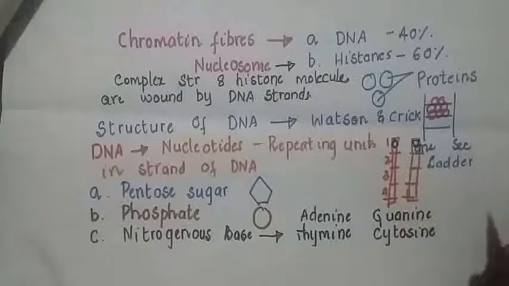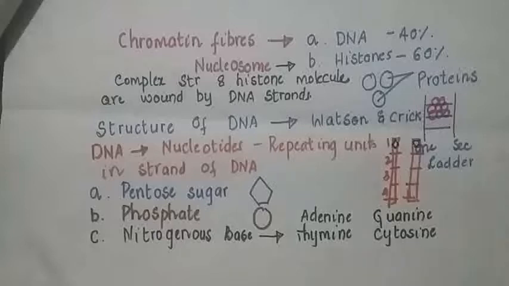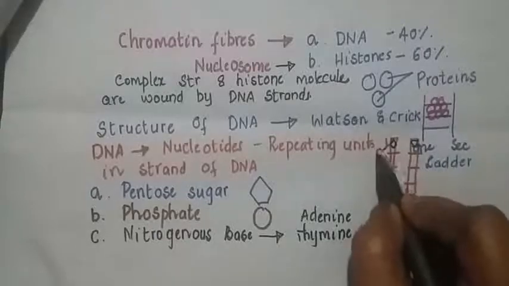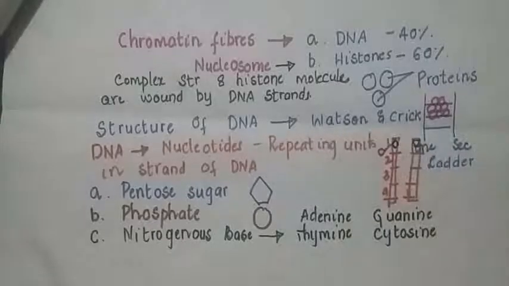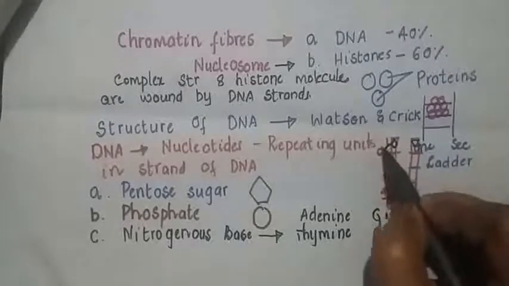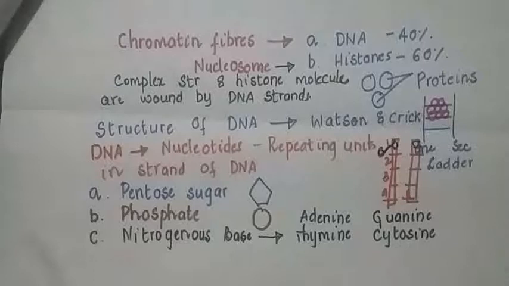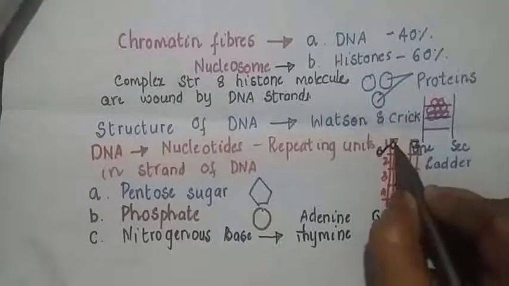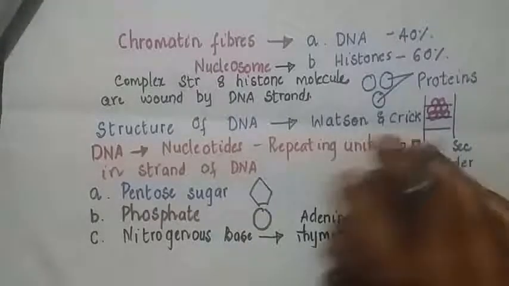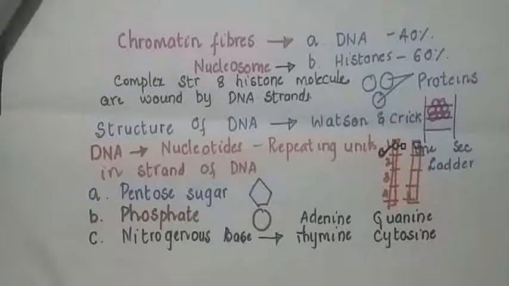Then you will find a phosphate radical, which is represented like a circle. Fine. And to this pentose sugar, you may have a nitrogenous base which is arranged inwardly.